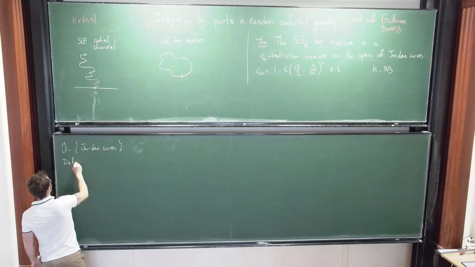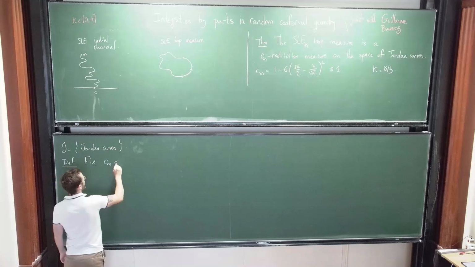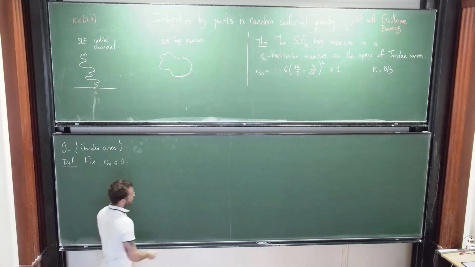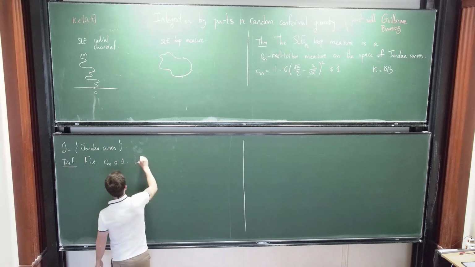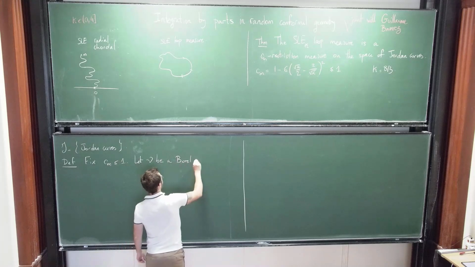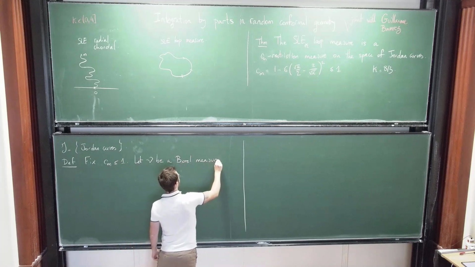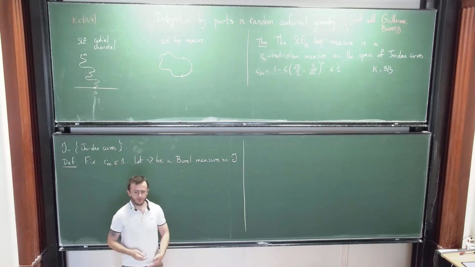Definition: I fix a value of c less than 1, and let nu be a Borel measure on J. You can equip J with a very natural topology.